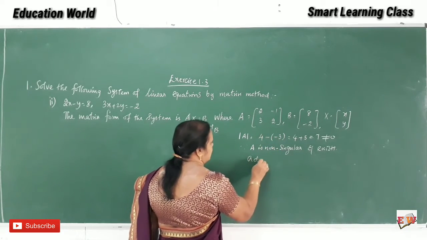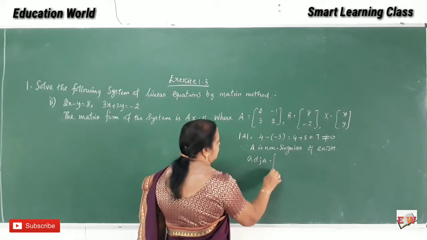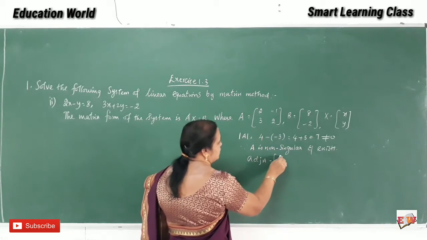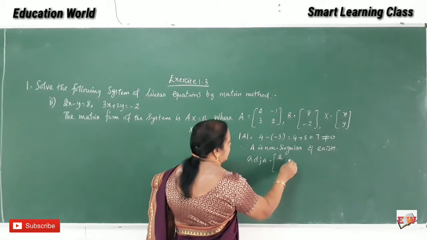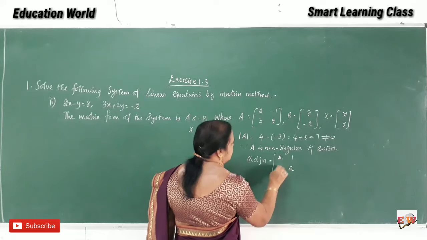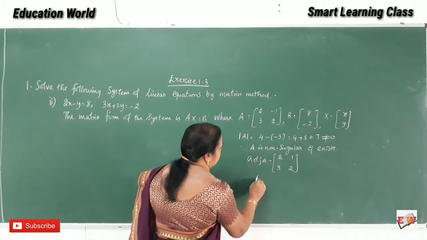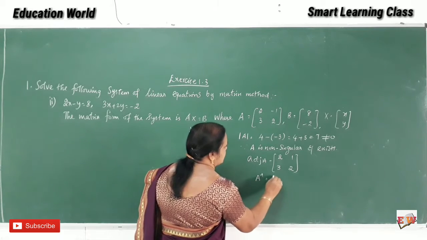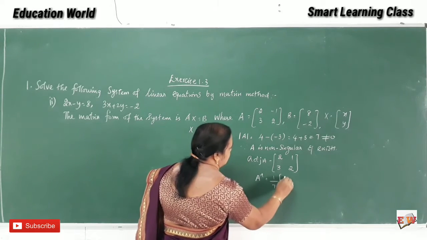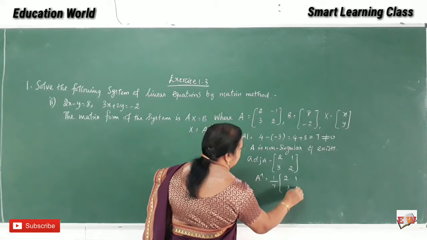Then adj A we have to find. For a 2 by 2 matrix, you have to interchange the main diagonal and change the signs in the off-diagonal. Now A inverse is equal to 1 by 7, 2, 1, minus 3, 2.